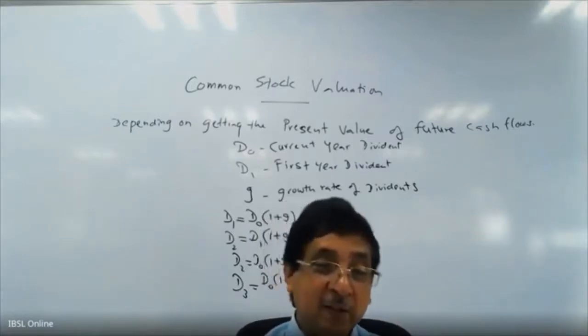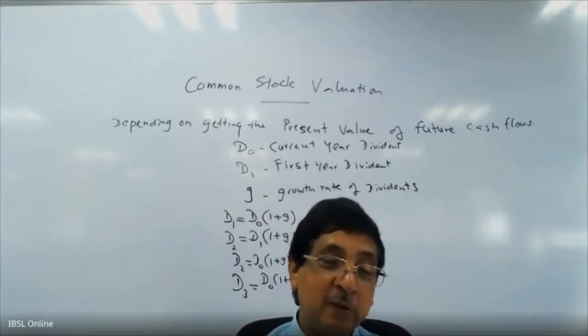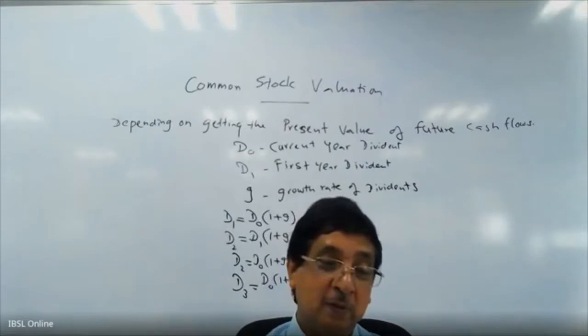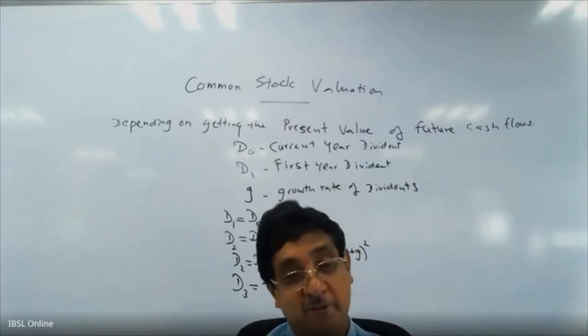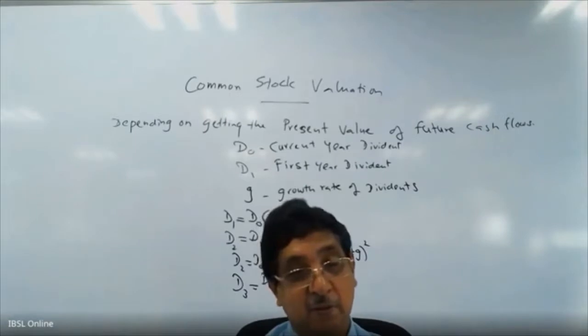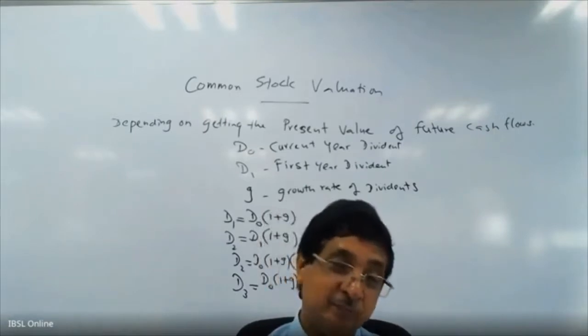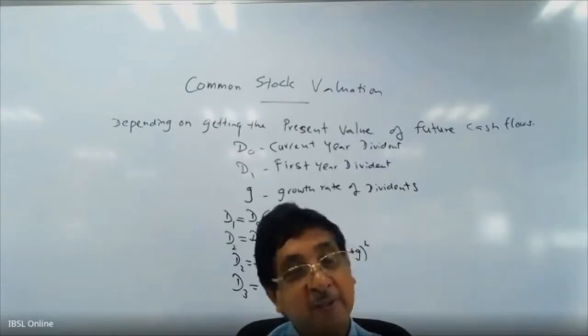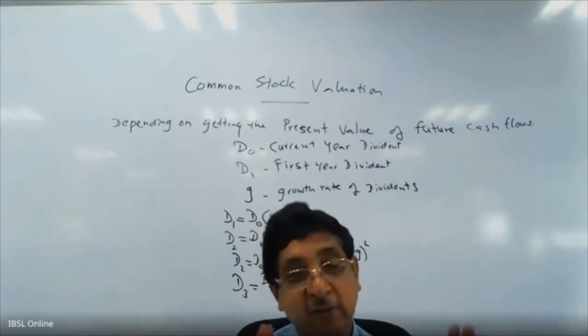In that case, there should be a certain discounting rate. The discounting rate is taken as the rate of return, or return on capital, the required rate of return. That required rate of return is assumed as K, which is the discounting factor here.